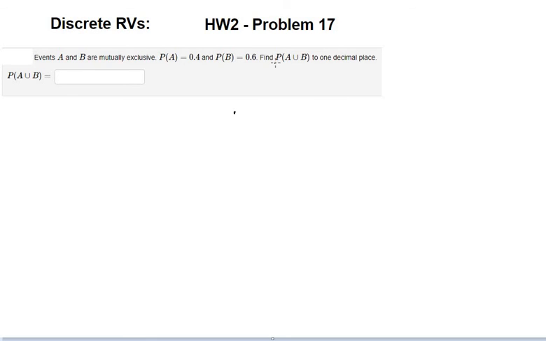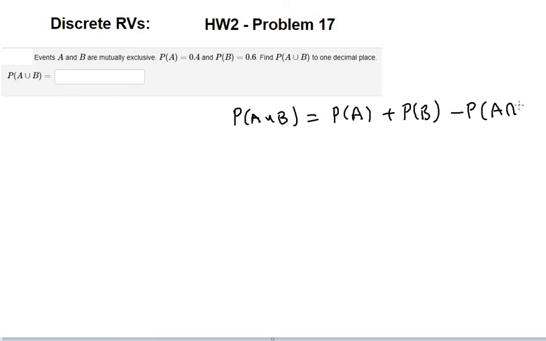Since they are mutually exclusive, their intersection is the empty set, and union by definition is probability of A plus probability of B minus probability of A intersect B, and we know that A intersect B is 0 because they are mutually exclusive. They don't have anything in common. So probability A plus probability B will give us the union. 0.4 plus 0.6 is equal to 1.0, because they're asking for one decimal place.